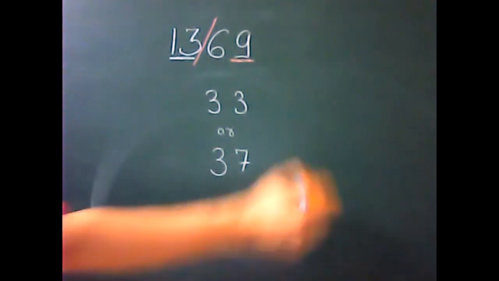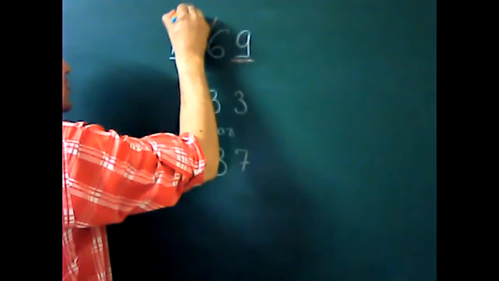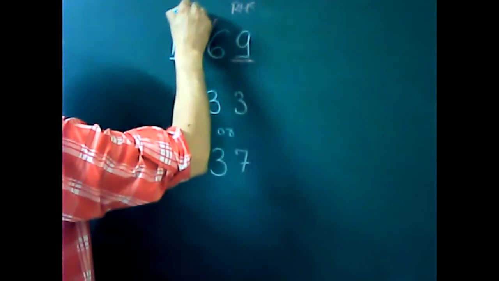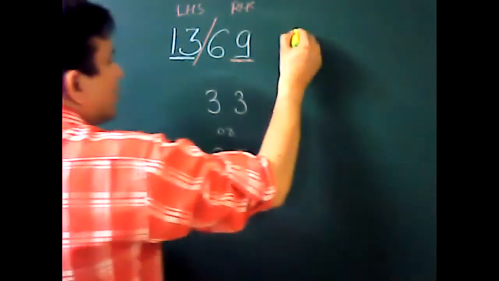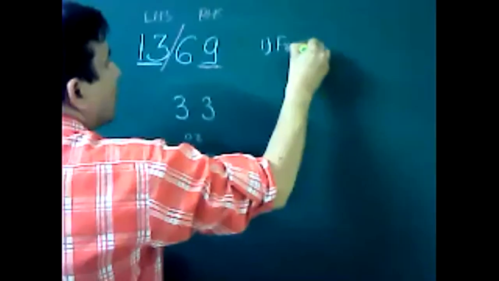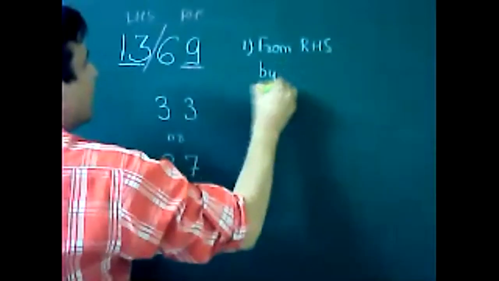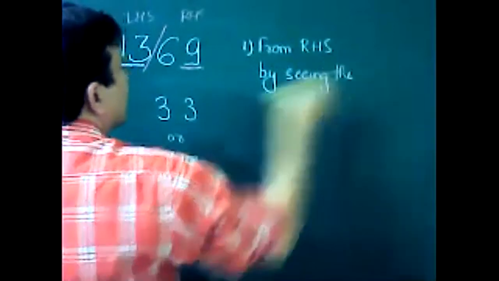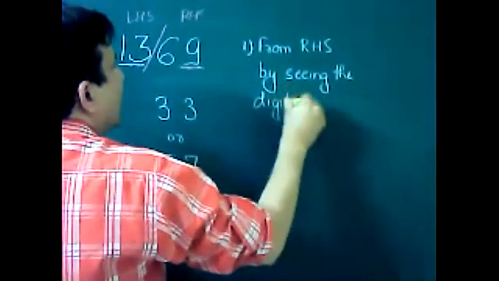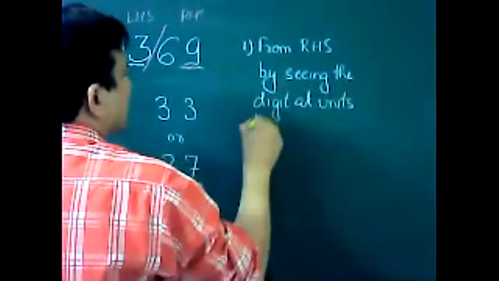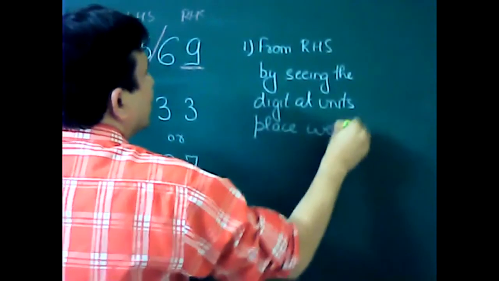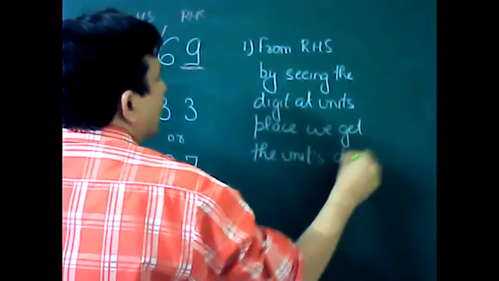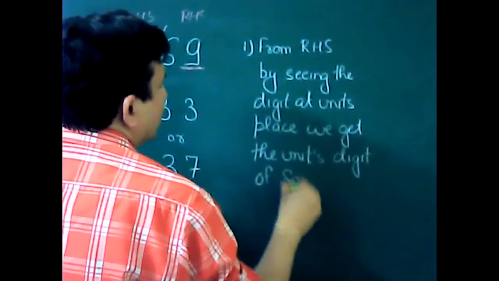Now, I'm going to write these steps. First, from RHS, by seeing the digit at units place, we get the units digit of square root.